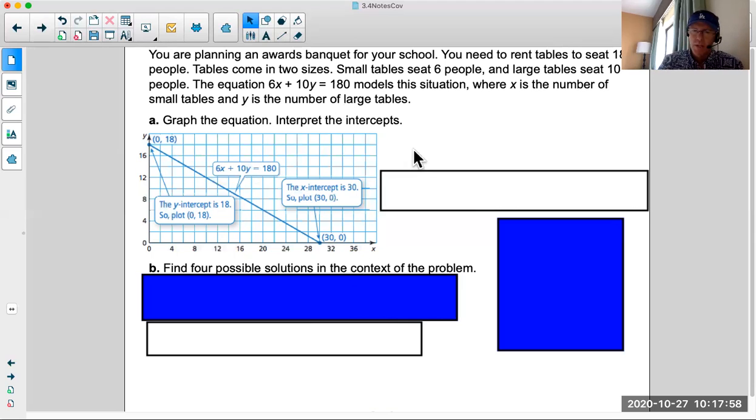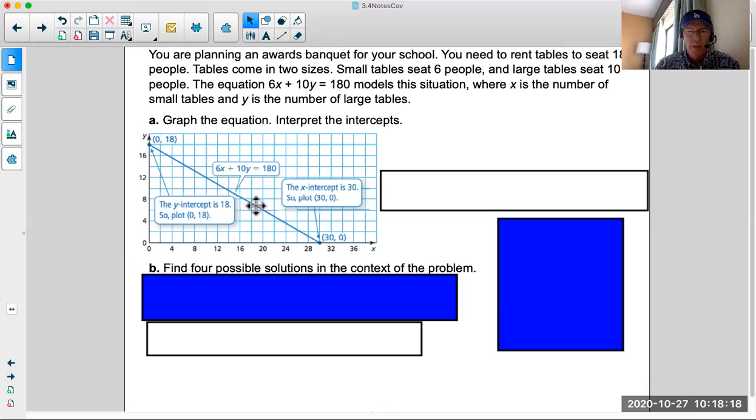Okay. So the next question I have is, is every single point on here a solution to this equation of 6x plus 10y equals 180? And the answer is yes. No matter what point you picked here, if you figured out what the ordered pair was, it would work. But would that work for this situation? Can you have part of a table?